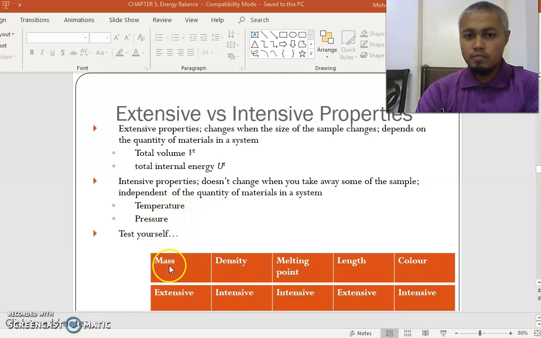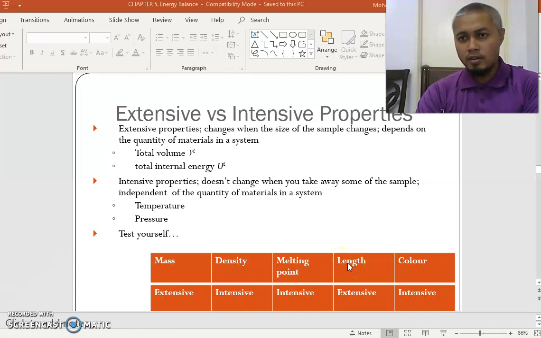Now if we have mass, density, melting point, length, and color, and I ask you which belong to extensive properties, of course they are mass and length.